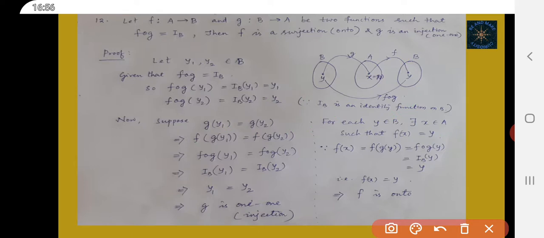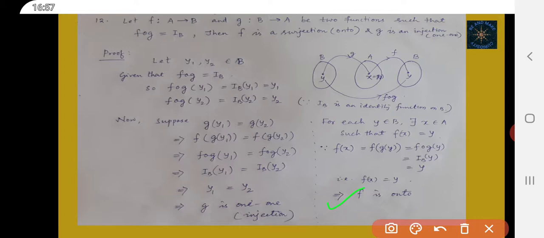Here you see g of y is equal to x in set A. So you can write f of g of y, you can write fog of y, that is equal to IB of y. Okay, then you get y. So f of x equal to y. You got? So you can say f is onto.